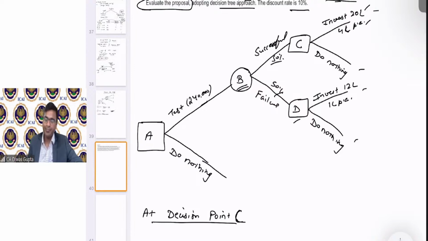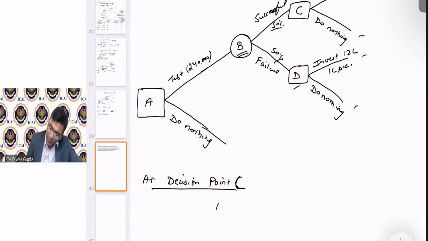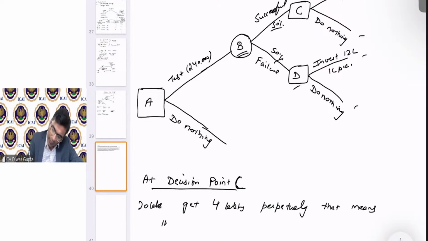Why? Because if you invest 20 lakhs and get 4 lakhs perpetually, that means the present value of cash inflow will be 4 lakhs divided by 10%.